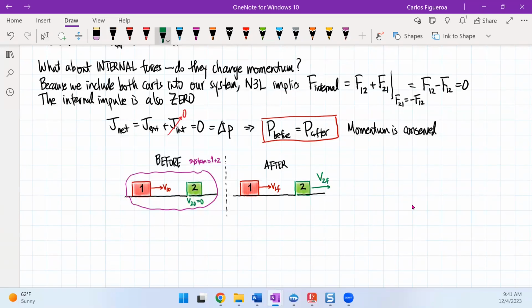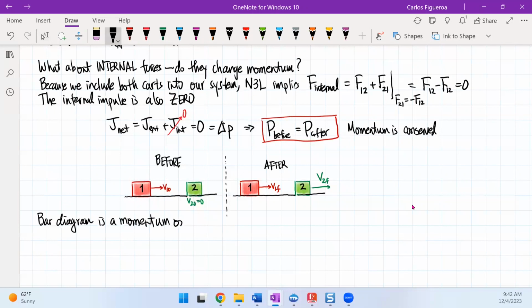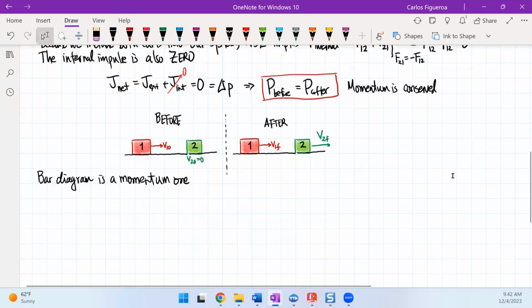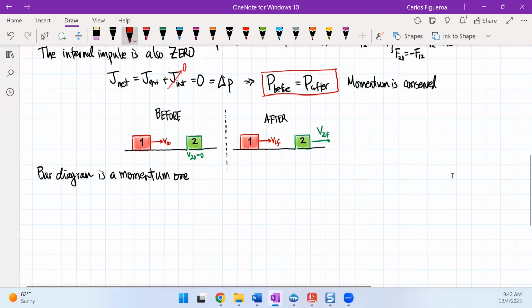So then my bar diagram looks like what here? My bar diagram is a momentum one. And what it says here is that I have this amount of momentum coming in.